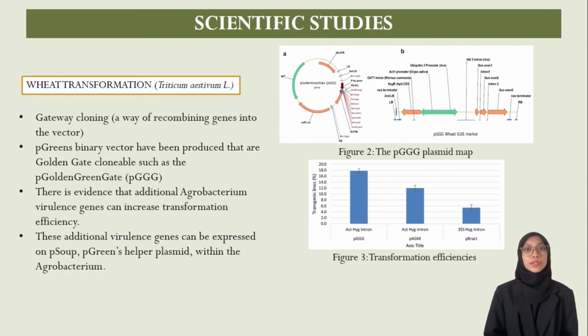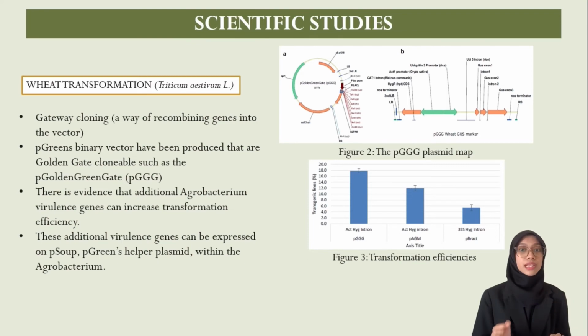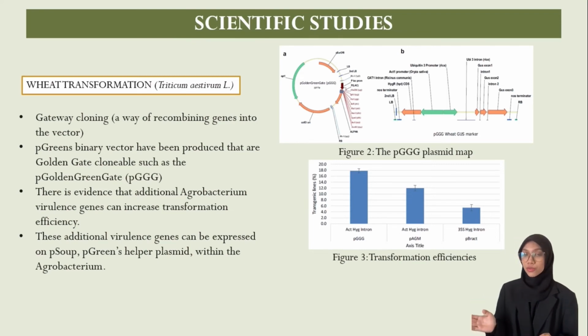For example, when Gateway cloning, which is a way of recombining genes into the vector, became popular, many Gateway-compatible pGreens were developed. pGreen binary vectors have been produced that are Golden Gate clonable, such as the pGoldenGreenGate (pGGG). The construction of the plasmid has been shown in Figure 2.